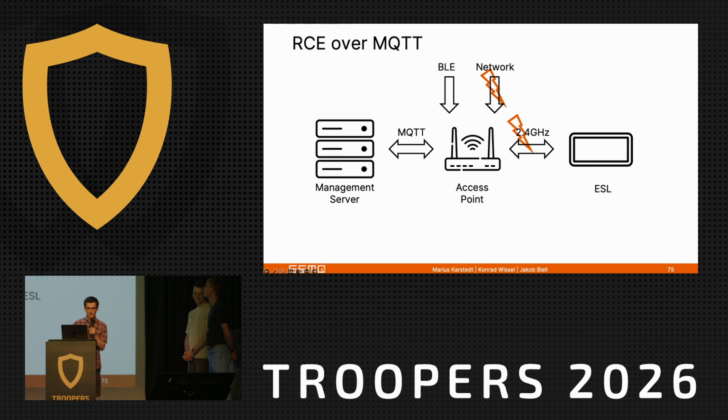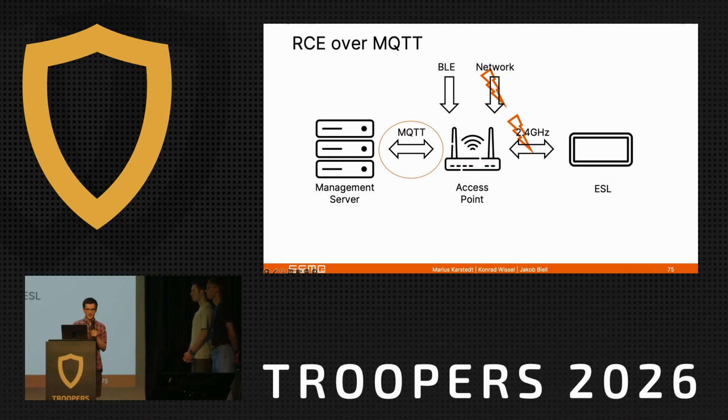So then last thing, we look at the MQTT interface. This is a bit of a weird one because the management server, if we consider it from a security point of view, should be higher privileged than the access point. So it would be really nice from the access point's point of view to pwn the management server. But since everyone implements the management server themselves, we can't say anything from this side.